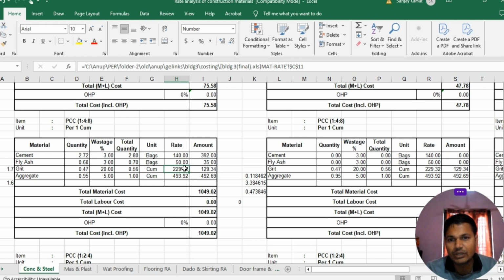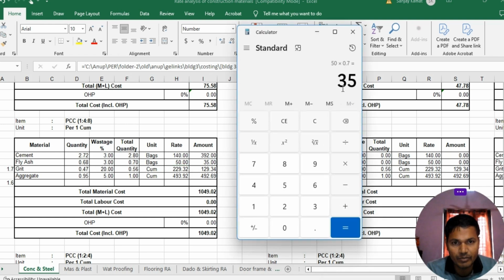So once you have the rate and the total quantity, you can multiply. Let's multiply, how much is it coming? 229.32 multiply 0.56 is equal to 129.41. So how much is it coming?